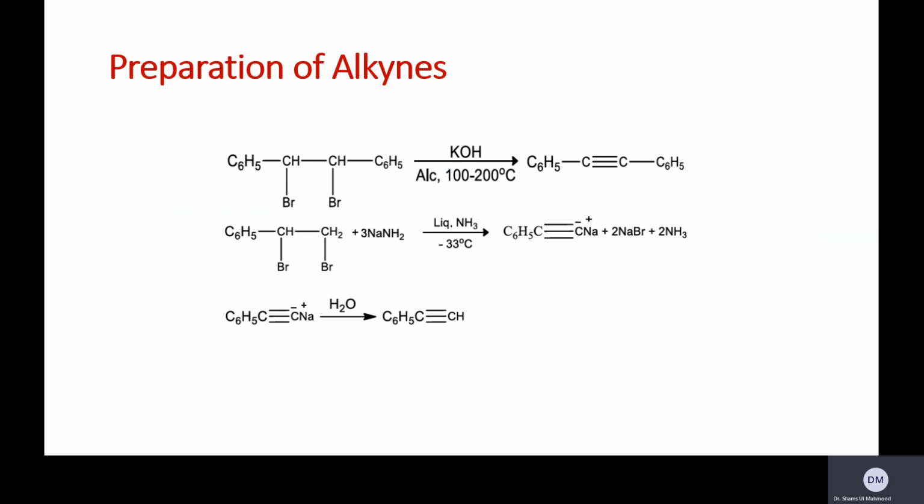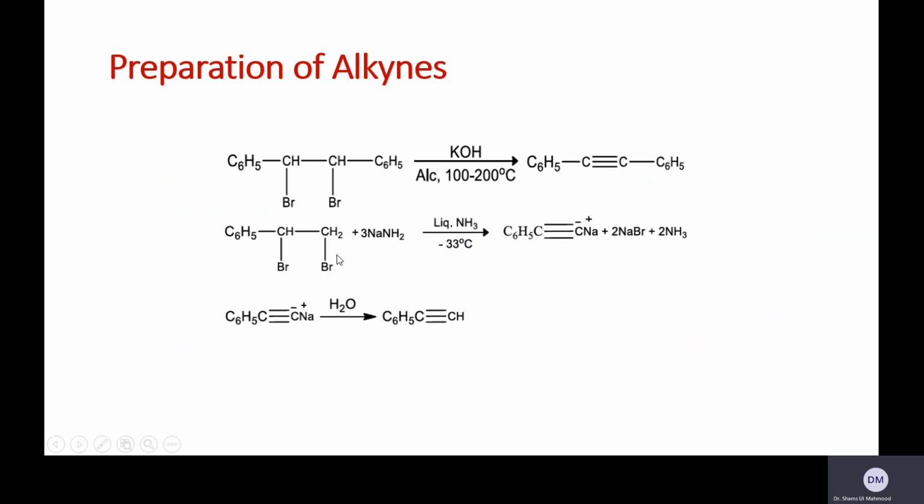There is some possibility that if we use alcoholic KOH, the terminal alkyne may rearrange to make the internal alkyne. To prevent the rearrangement, we use sodium amide in liquid ammonia and we get the terminal alkyne. Terminal alkyne means the triple bond is between carbon 1 and 2.